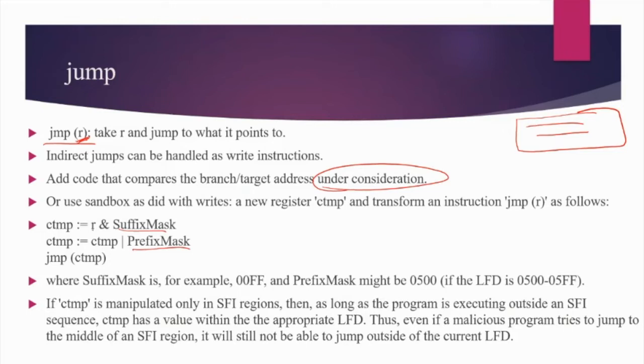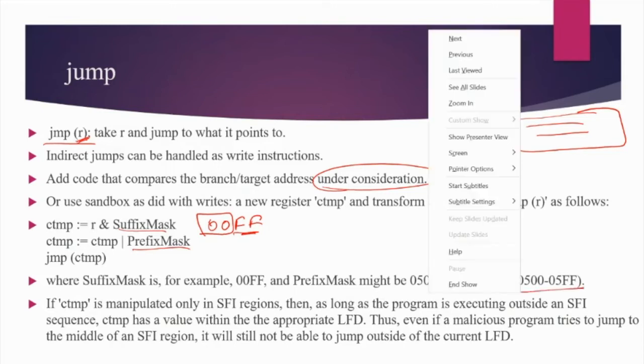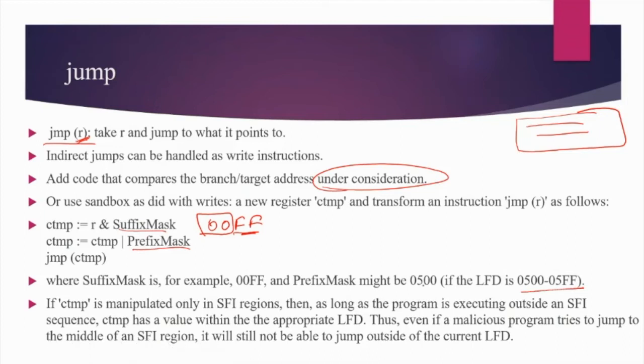When performing the AND operation, we just want to capture the lower order bits, so the suffix mask will generally be something like 00FF. Later on, we append the higher bits of whatever the allowed LFD is. If the allowed LFD is 0500 to 05FF, then the prefix value is 0500 so that it appends 05 here.